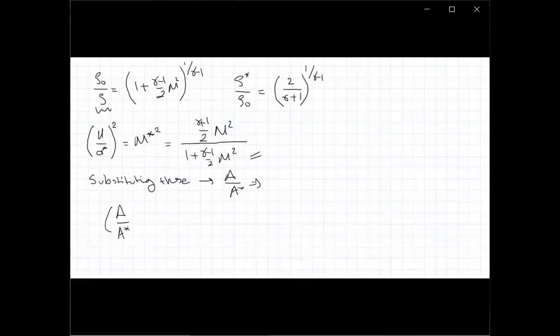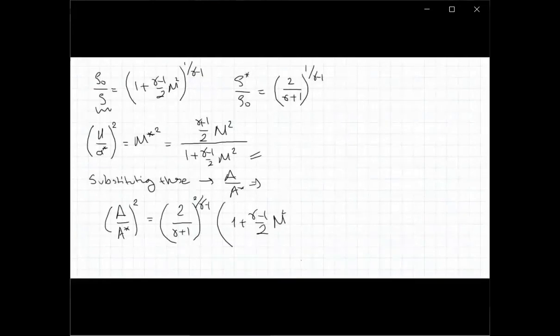A over a star square becomes equal to, the first term, rho star over rho 0, so 2 over gamma plus 1 to the power 2 over gamma minus 1. The second term is rho 0 over rho, so we directly write this expression from above: 1 plus gamma minus 1 over 2 M square, to the power 2 over gamma minus 1.